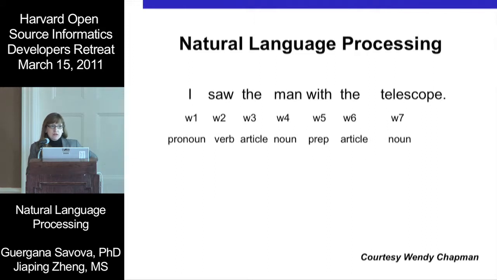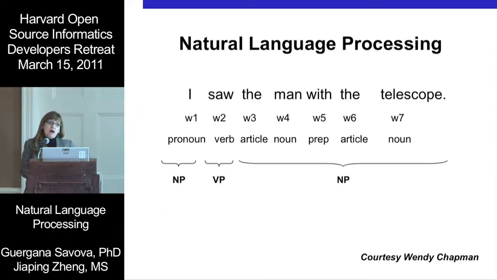The second one is that we abstract to a slightly higher level to attach some grammatical tags to those words, and they're called parts of speech. Then we start gathering up the meaning, the semantics of the sentence. So when you first read this sentence, you're thinking, okay, what's the meaning? Is it the man who has the telescope, or is it me who used the telescope to see the man?